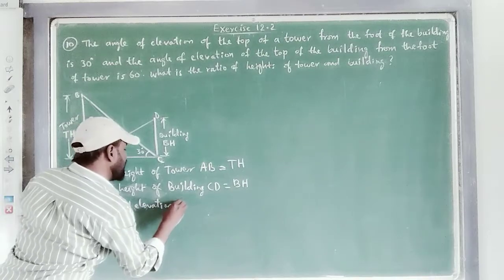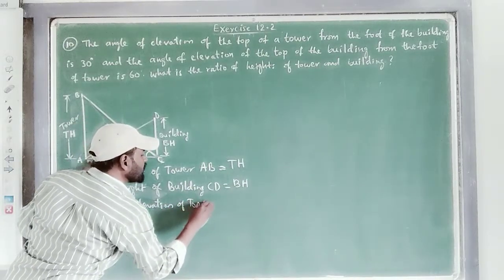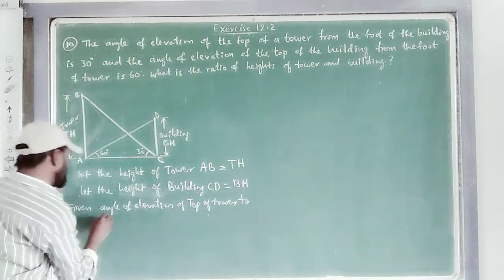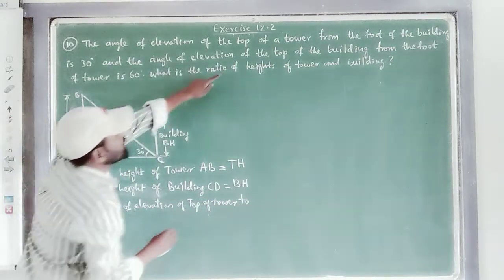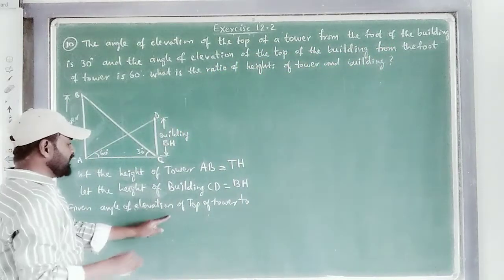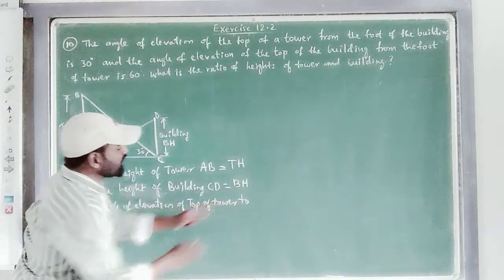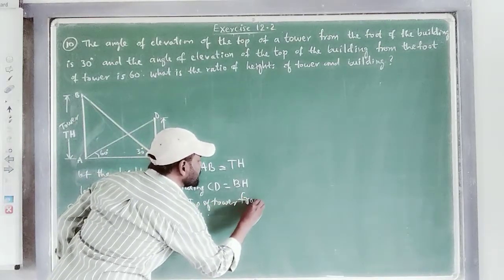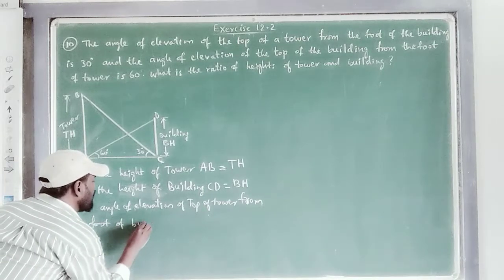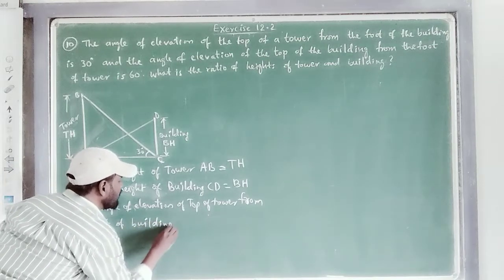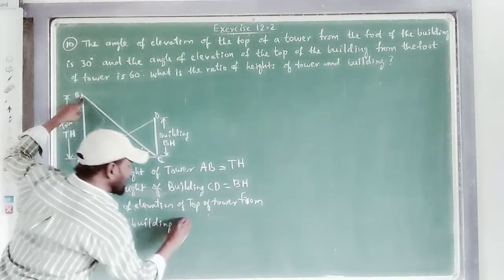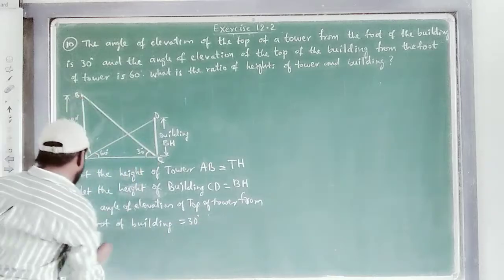The top of the tower is here, the foot of the building is here. How much is the angle of elevation? 30 degrees.